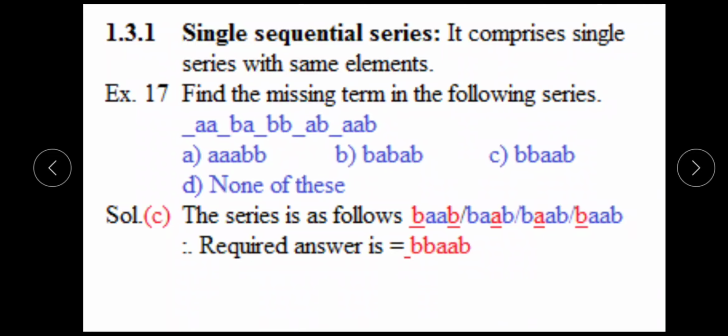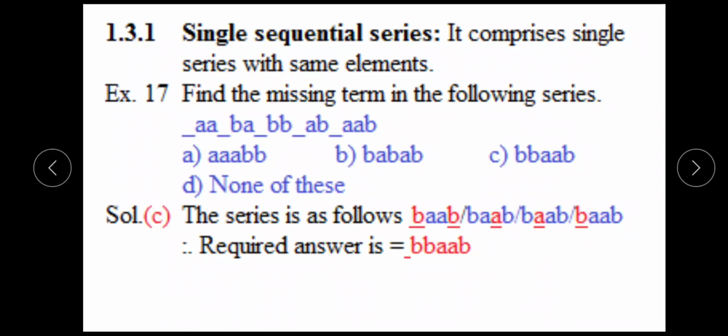After putting A, B and C, we check the third option and we can see clearly that if we fill these spaces with B, B, A, B, A, B, then we get B in the first and second space, A in the third space, A in the fourth, and B in the fifth.